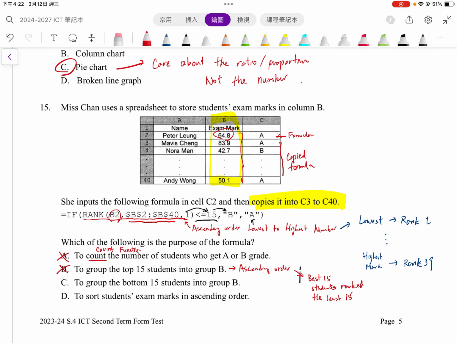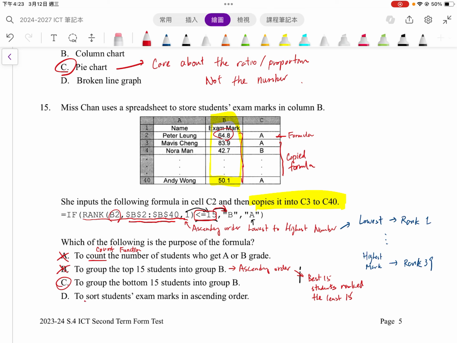So this is wrong. And for C, to group the bottom 15 students into group B, which is right, because by this condition less than or equal to 15, you will see the bottom 15 students, they will get a B in column C.